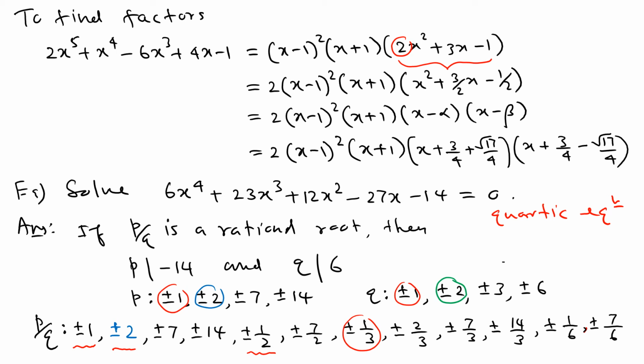So again we use the rational roots theorem, and we can use synthetic division. So let's do that. If using the division, again we always start with the easy ones.